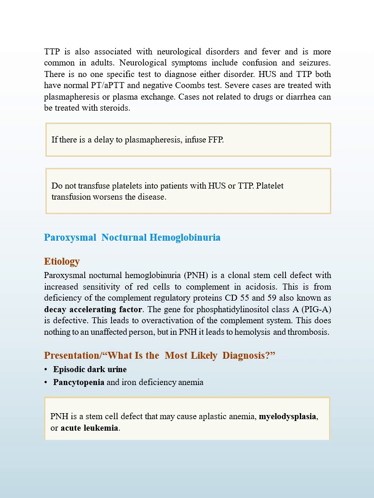There is a clinical fact here which states that PNH is a stem cell defect which can cause aplastic anemia, myelodysplasia, or acute leukemia. Let's go to the next slide, slide number 29.